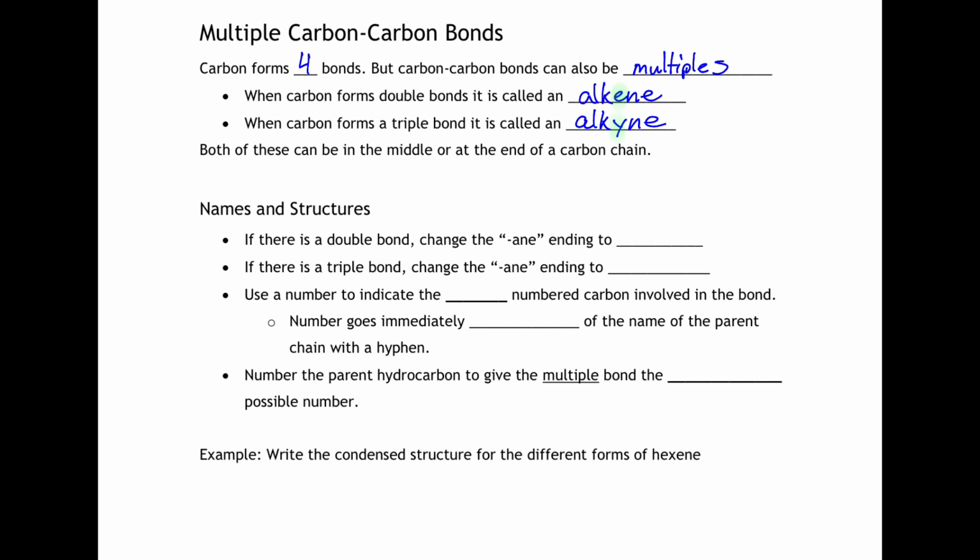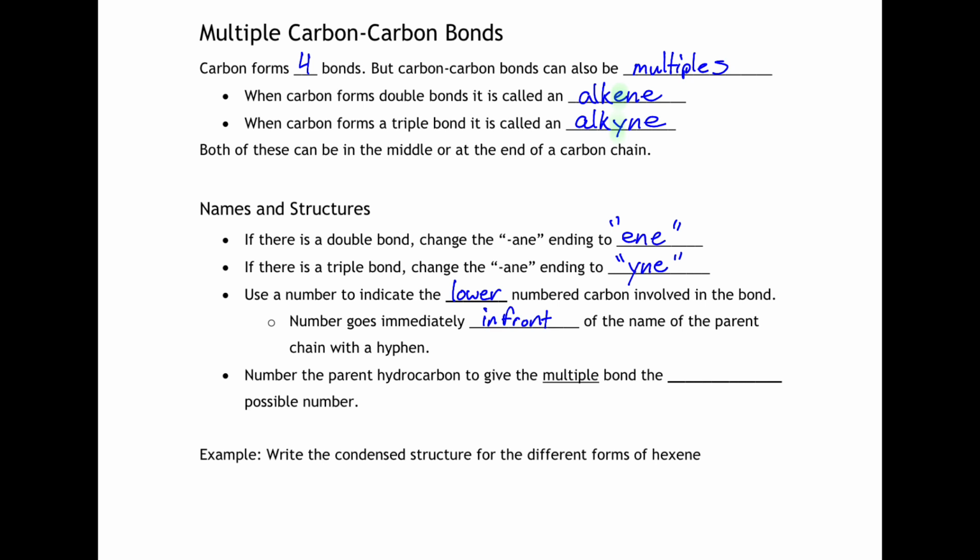All right. So basically, when we name it, we're going to change an ane ending into an ene ending, and triple bonds go to yne endings, and we use a number to indicate the lower numbered carbon involved, and the number goes in front of the name of the parent chain.